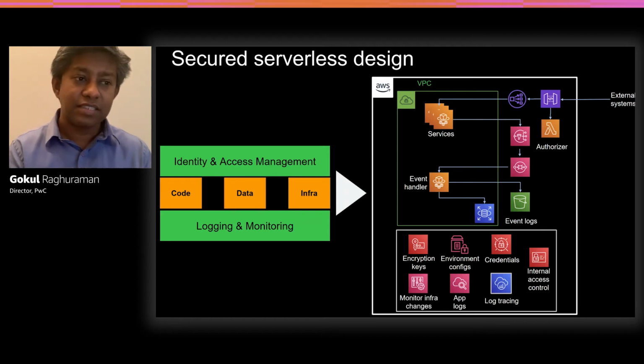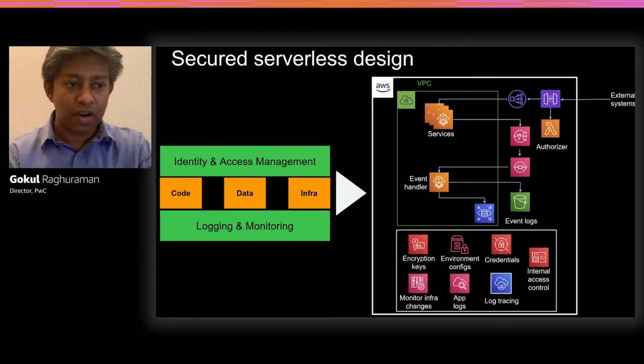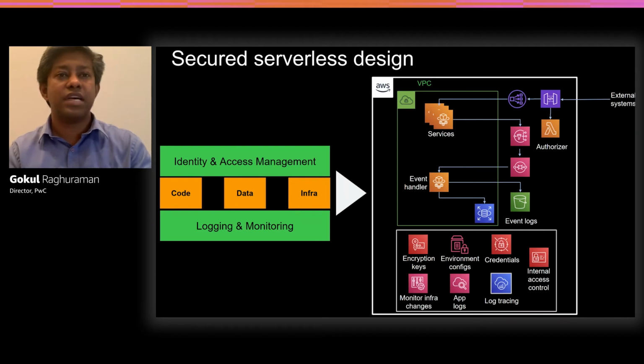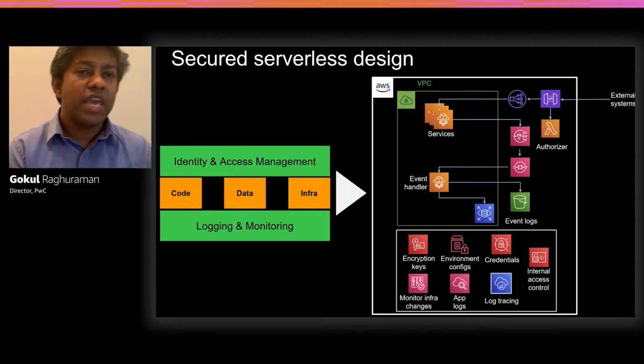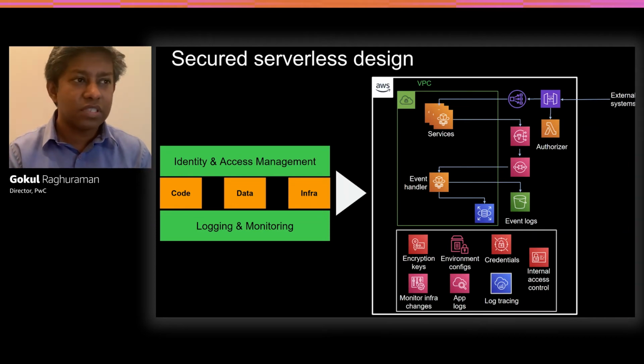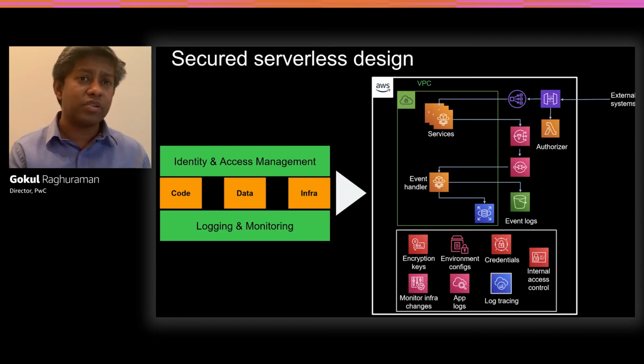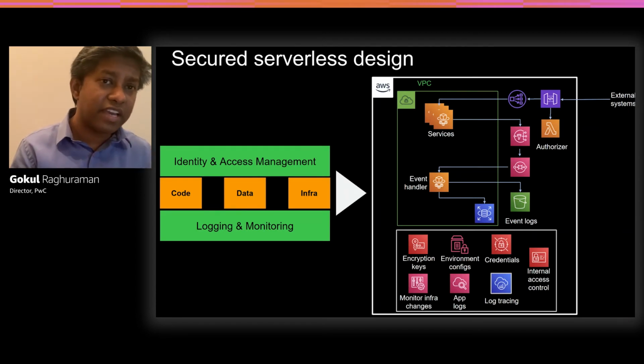So let's take a look at this illustrative architecture using a number of serverless capabilities that I've used here as an example. We have some microservices exposed via the API gateway. The services talk to a data store. In this case, it's an RDS. It could be Aurora.